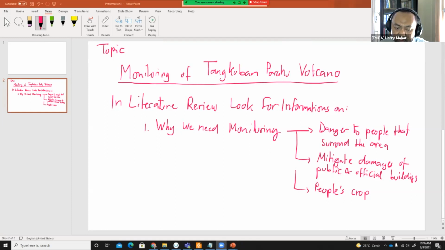Those animals are basically their source of living, and so if we are not able to monitor the volcano, it means that there will be some kind of risk for them to lose their job, etc.